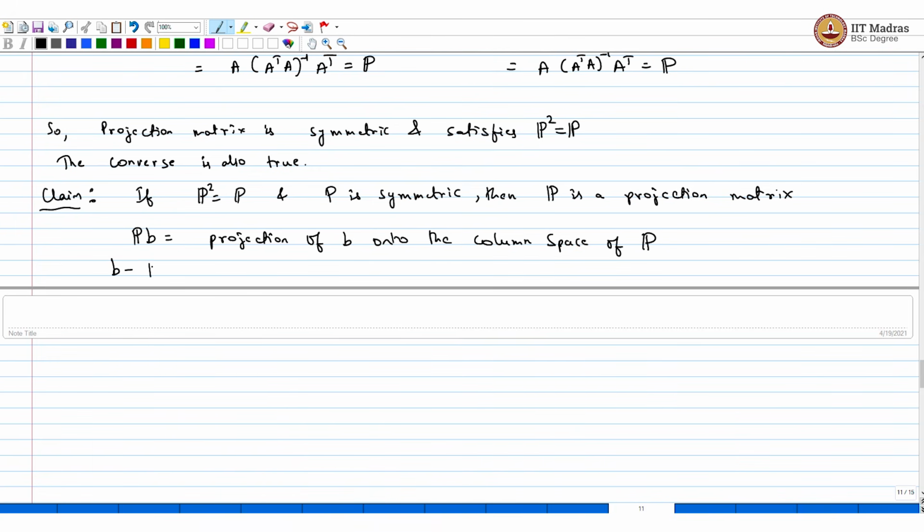You take B minus PB and take its dot product with any C. This is the same as B transpose (I minus P) transpose times C, which equals B transpose times (P minus P squared) times C. But P squared equals P, so this equals 0.